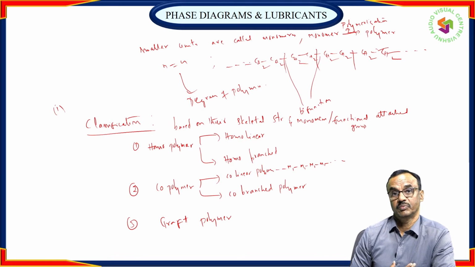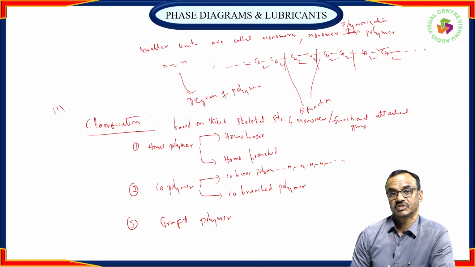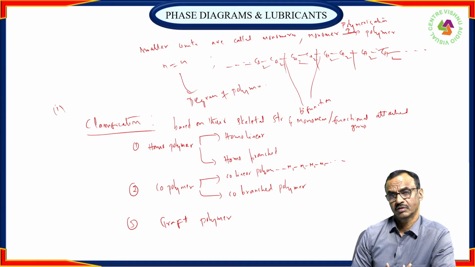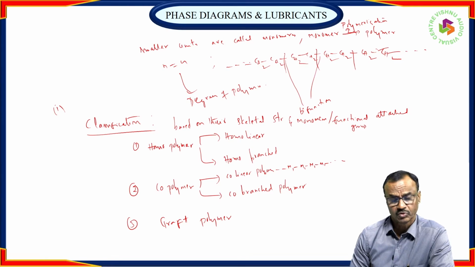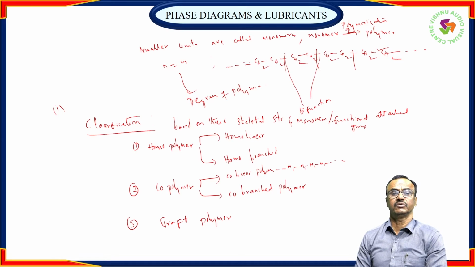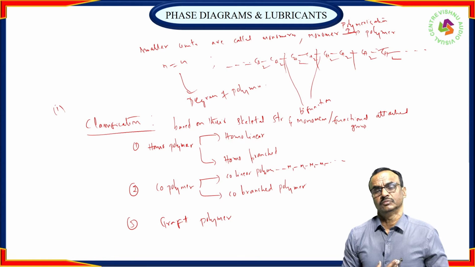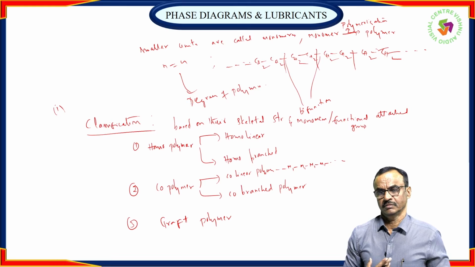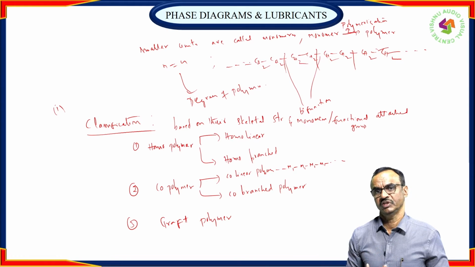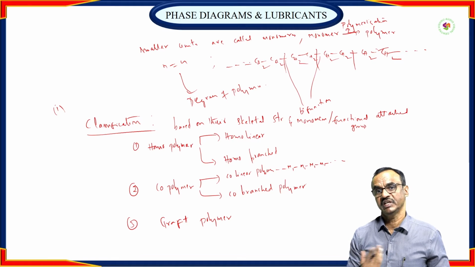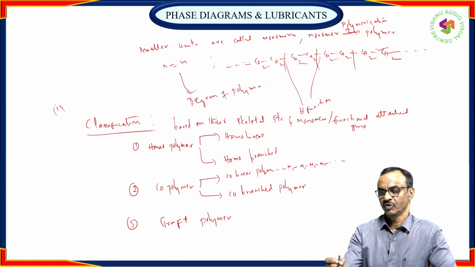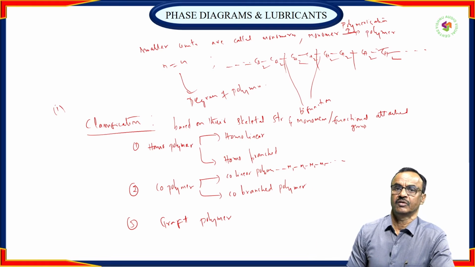A polymeric chain may consist of more than 2. If it consists of only 2, it is a dimer. If it consists of only 3, a trimer. If it consists of more than 3, it is called a polymer, consisting of 4 or more, maybe 8 lakhs, 8 crores, like that.